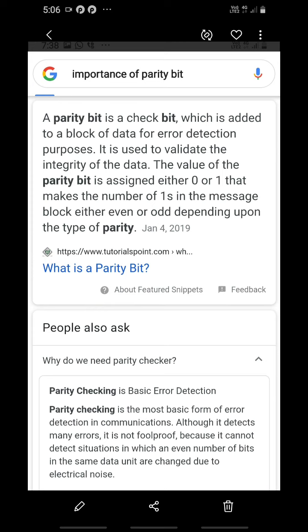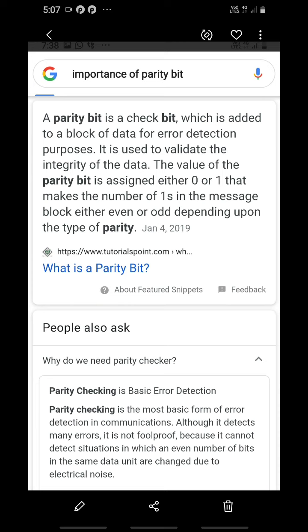The next, their ASCII form is 1010100 and even parity is 11010100 and their odd parity is 01010100.